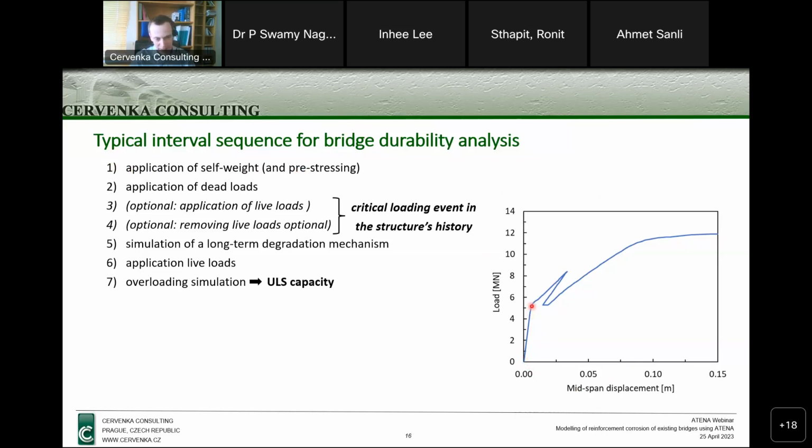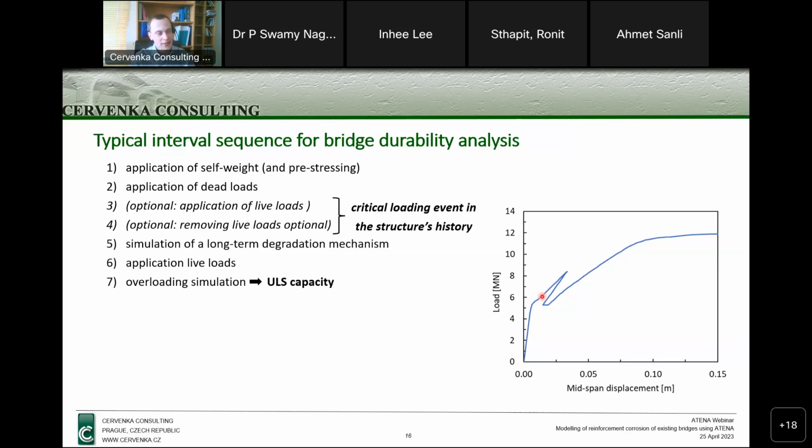We can see that up to this moment the response of the structure is mainly elastic. And then if we apply the remaining dead loads for the structure, which is the level approximately at this point, we see the occurrence of the first cracks and reduction of the stiffness of the model.